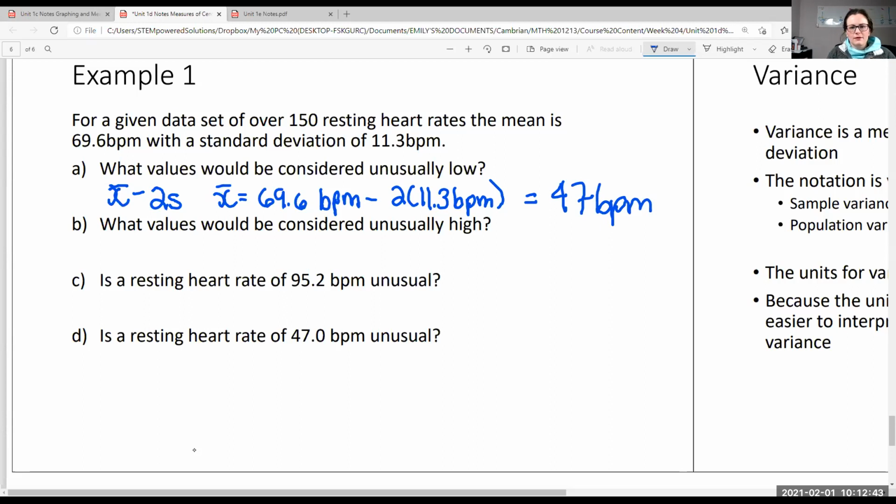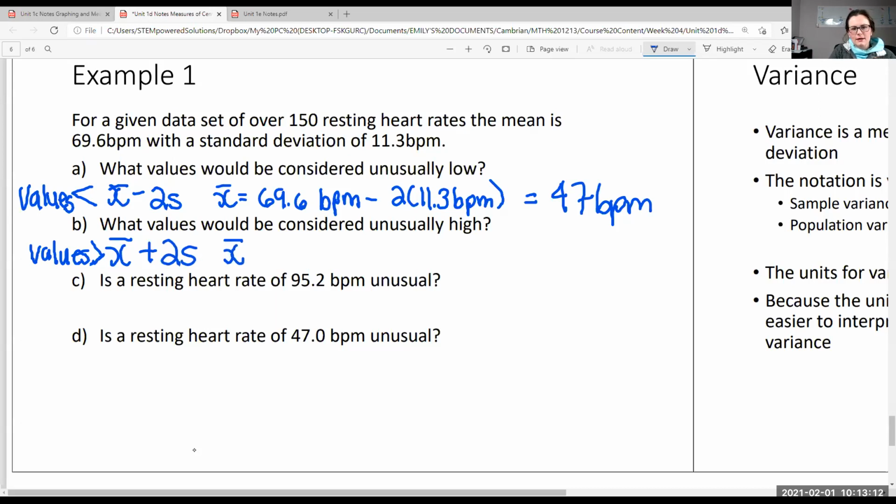Okay. So what values would be considered unusually high? What we're going to have is X bar plus 2s, so values that are greater than X bar plus 2s.